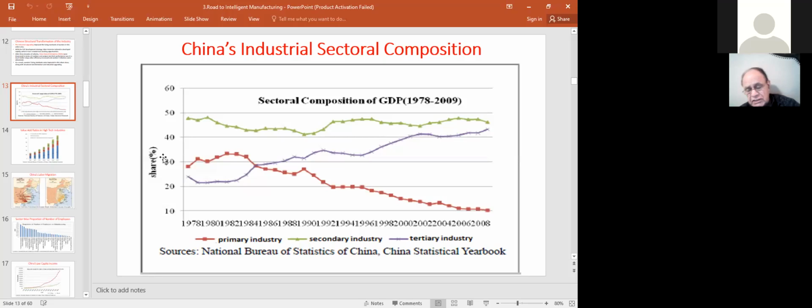As you see, as the years went by, the primary industrial share goes down, the secondary industry more or less stays the same, and the tertiary industry share goes up. So this has been a model, a transformation that China has undertaken. And now we can follow this example.